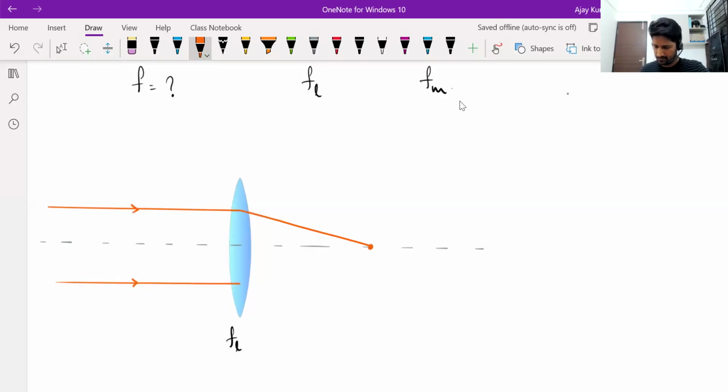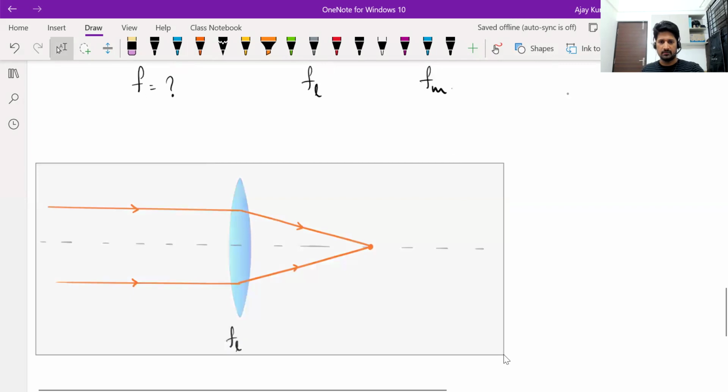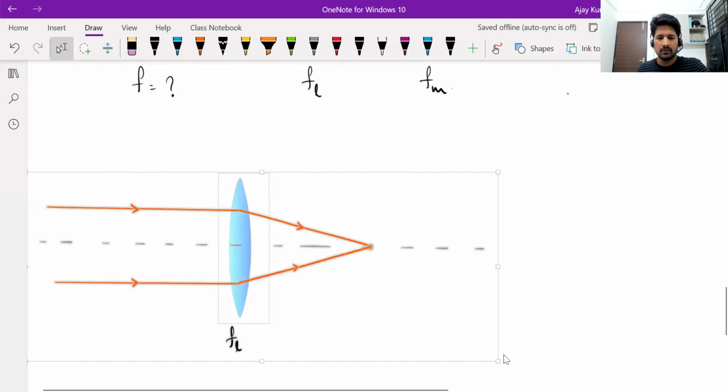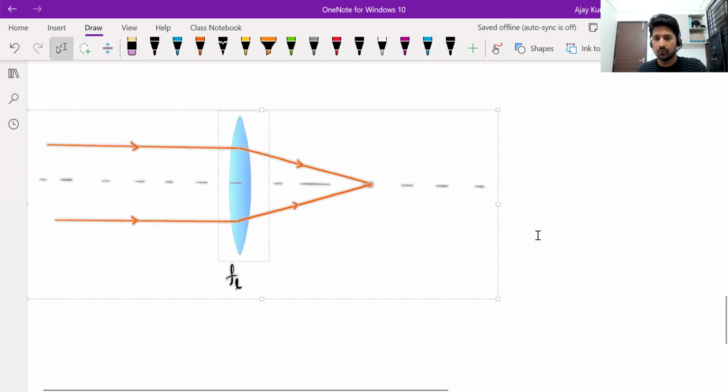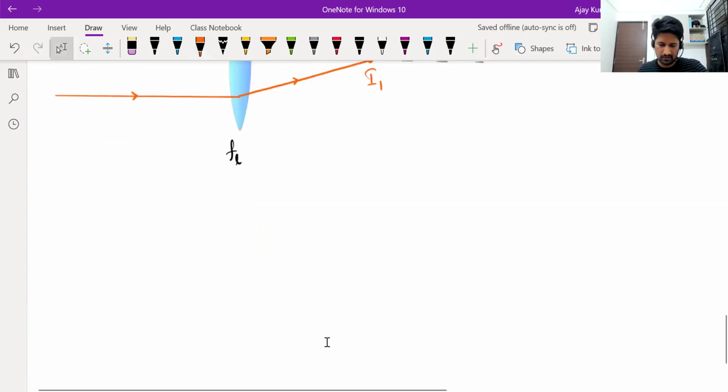But will they be allowed to travel till there? No, because this lens has a mirror next to it. So let me copy this diagram now. FL is the distance where the lens would form the image if nothing else was present. We'll call this I1.